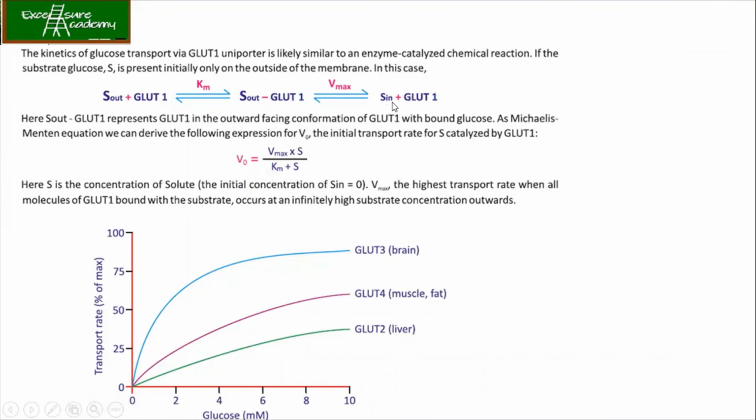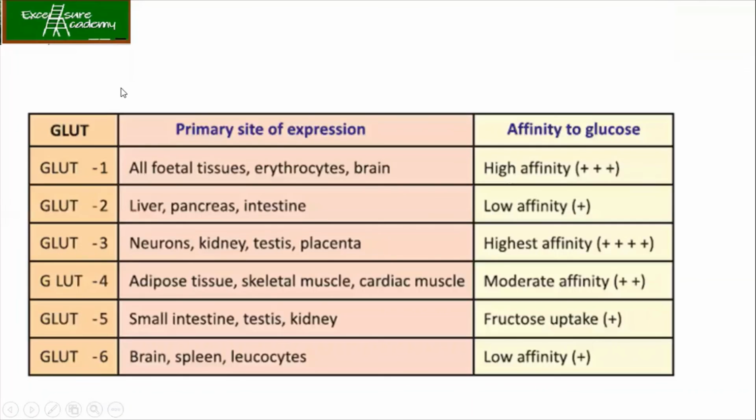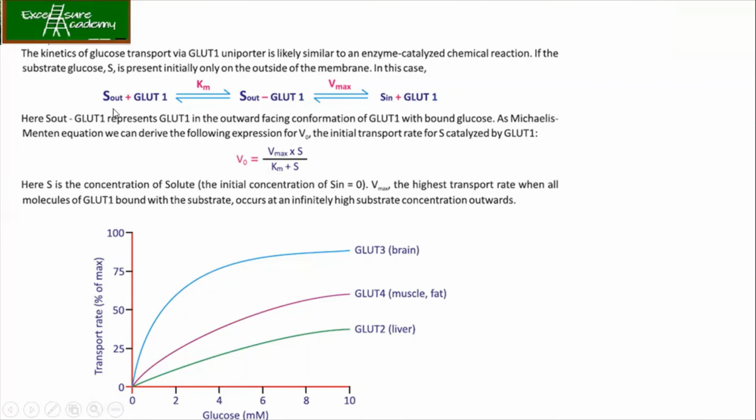Then S in GLUT1. तो यहाँ पे एंजाइम कौन है आपका? GLUT1. S out क्या है आपका? ग्लूकोज which is present outside, right? Now, so glucose out with the receptor, with the transporter, it makes the interactions and then it is taken inside.